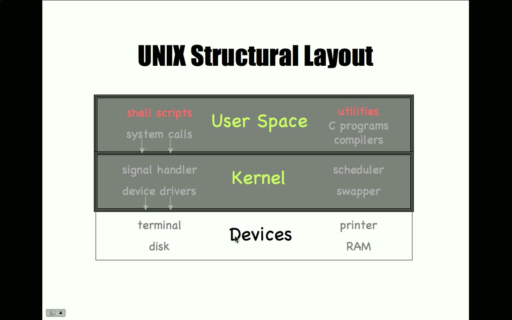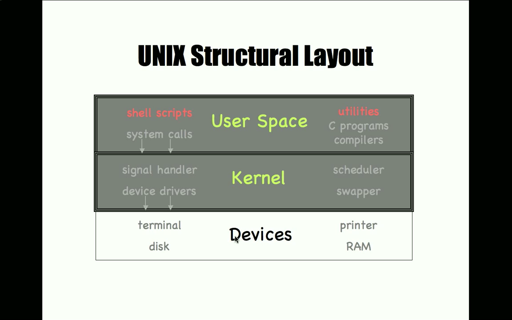Actually, the devices are being controlled by their own controller. Each device has sort of a small brain that gets activated via the device driver, and the kernel has a way to interact and give instructions to those devices.